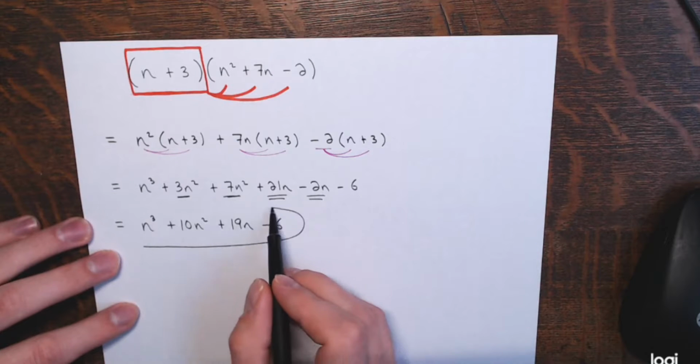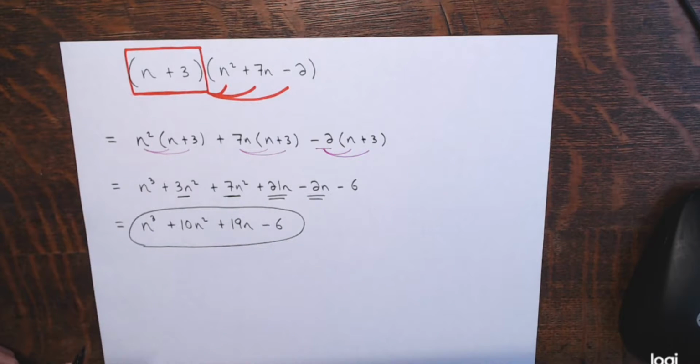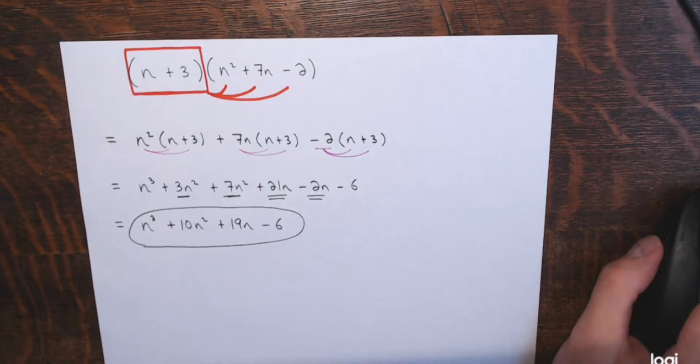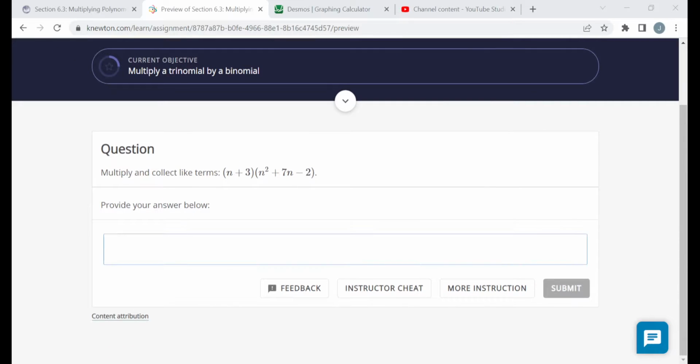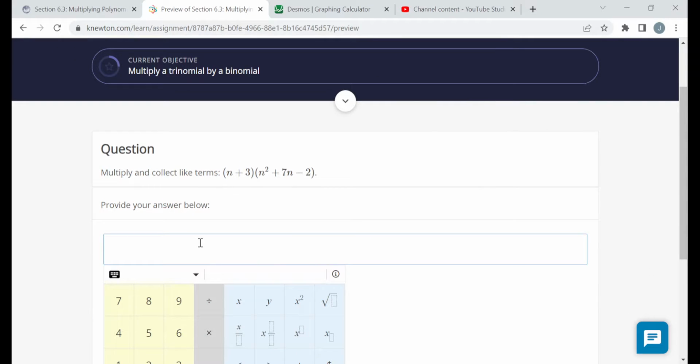And there we go. Alright, none of those terms are like, and that's it. So same steps every single time, just a lot of distribution until I get a sum of monomials, and then I combine like terms. So n cubed plus 10n squared plus 19n minus 6.